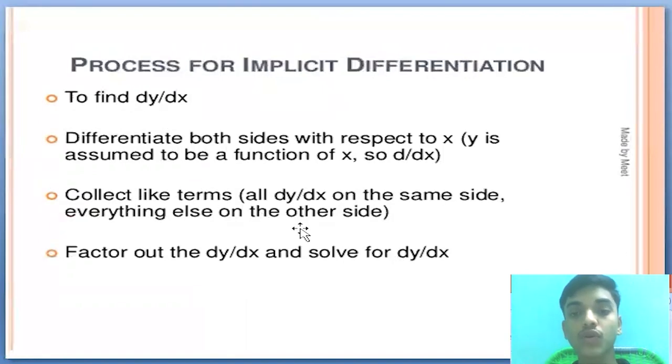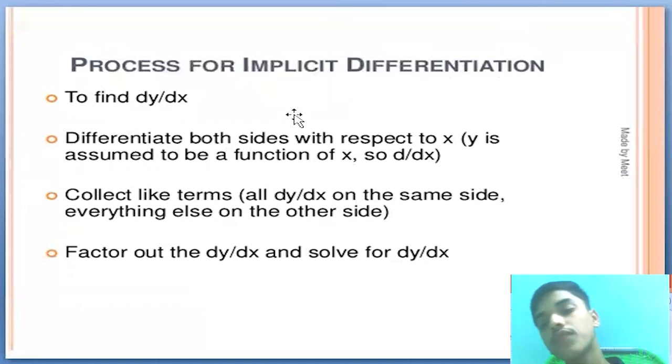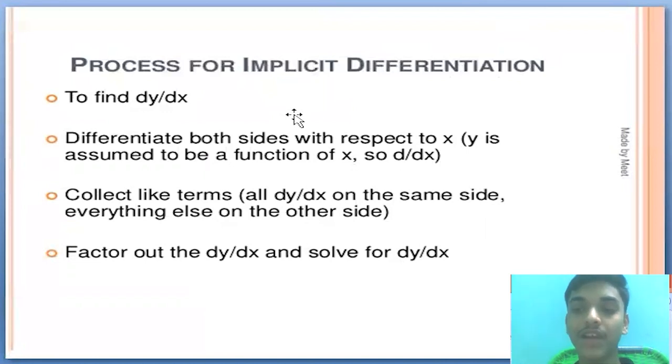Now we will understand the process of implicit differentiation, to find dy by dx. What is dy by dx? It is the differentiation of y with respect to x. So differentiate both sides with respect to x, with y assumed to be a function of x. Here d by dx is the differentiation, and y is the function given in the question.